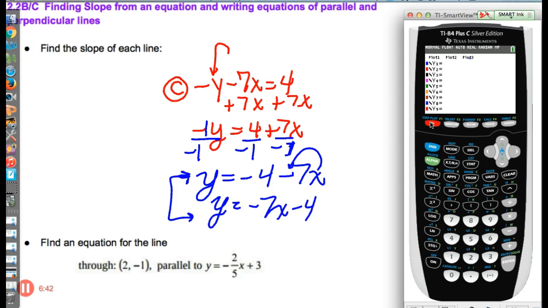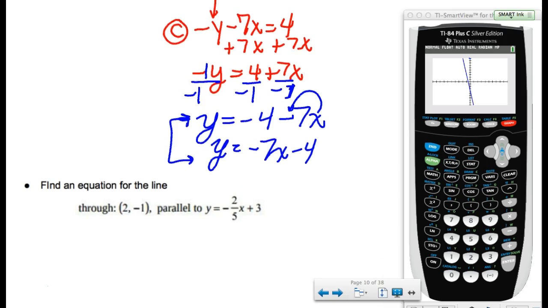The minute I hit a negative 7, I'm telling the calculator to drop 7 and run 1, so it's going to go very steeply downhill. And then the minute I hit a minus 4, I'm telling the calculator to hit the y-axis at negative 4. And there it goes.